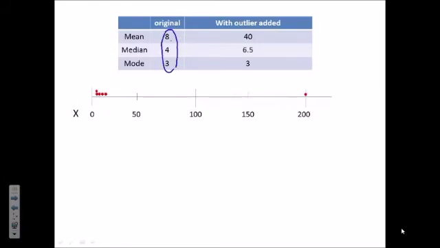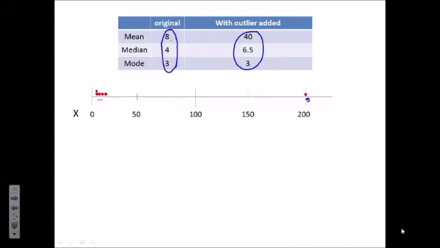Here are the original averages, and here are the averages with the outlier of 200 added to the distribution. This was our original distribution. For the original distribution, the mean, mode, and median were all in here.